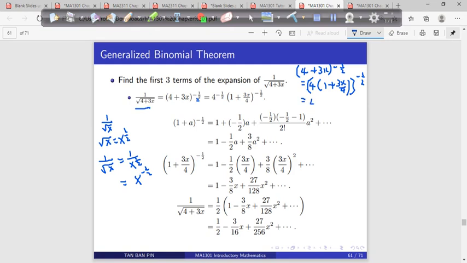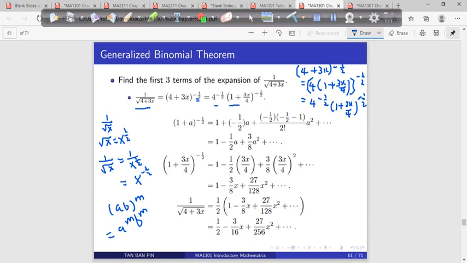You can write it as 4 power minus half times (1 plus 3x over 4) power minus half. You know that when you have (ab) power n, it is a power n times b power n. You use that to split it as 4 power minus half times (1 plus 3x over 4) power minus half. So that's how we end up with this.